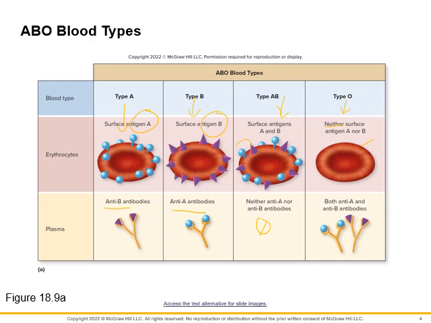And then if you're O blood type, you have 0 antigens, neither surface A or B antigens, and so you're going to make antibodies against both A and B. So if you're type O, and I give you type A blood, the A antibodies are going to bind to that red blood cell and target it for removal.